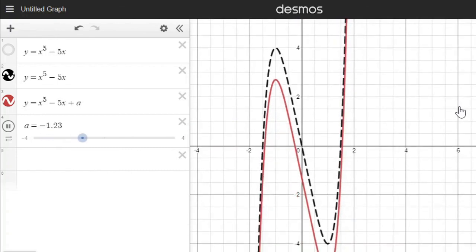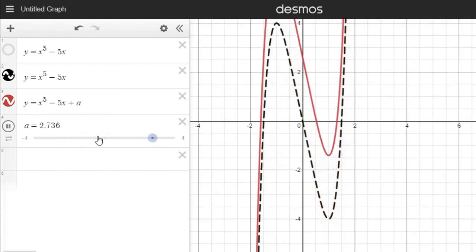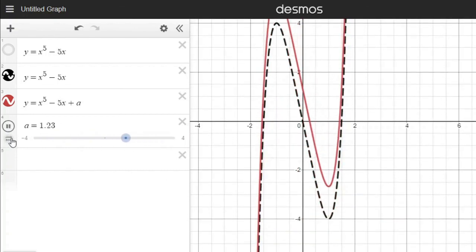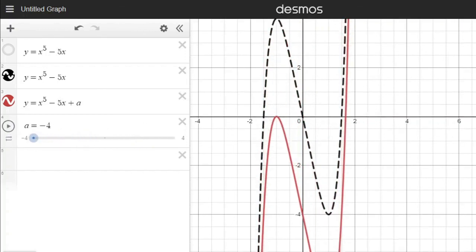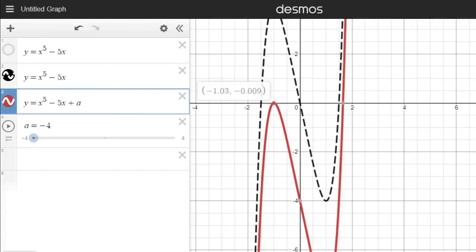Taking it in a more detailed manner, when a reaches the value of minus 4, you can see that the graph cuts exactly at this point and this point.